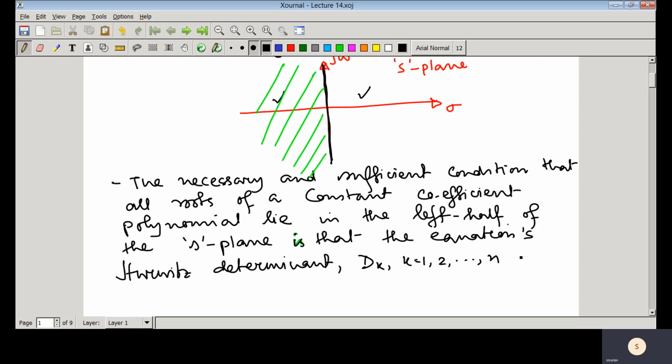There are n number of Hurwitz determinants, and they must all be positive. So this is actually that Hurwitz criterion.